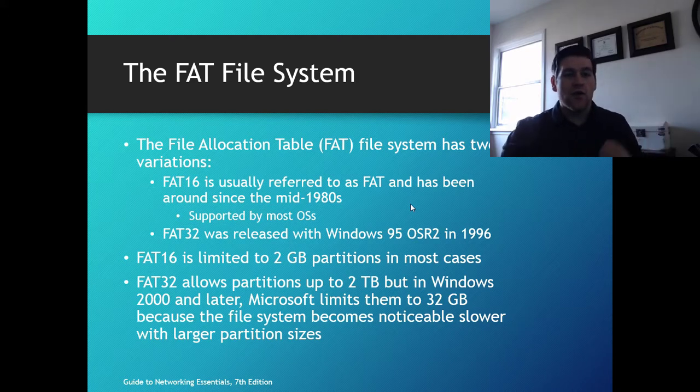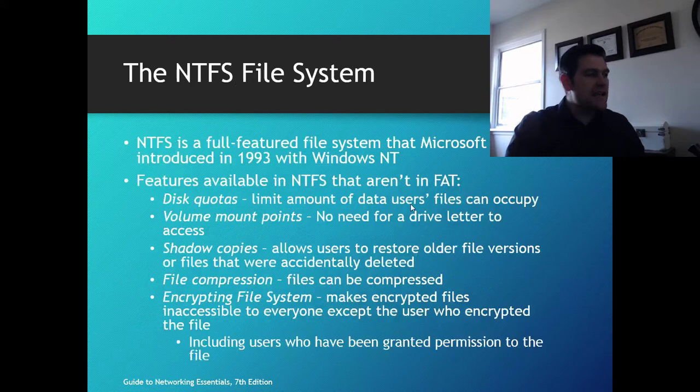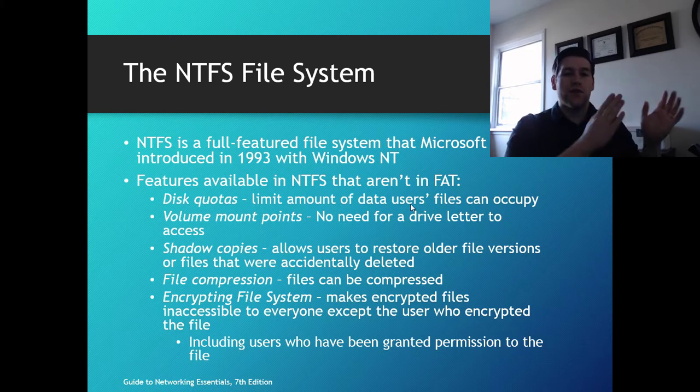When you do that, you notice that it adds a security tab to your files. The reason why is because NTFS introduced a number of things. One of the main things it introduced was file permissions, that security tab where you could set permissions for users and groups on a file or folder.